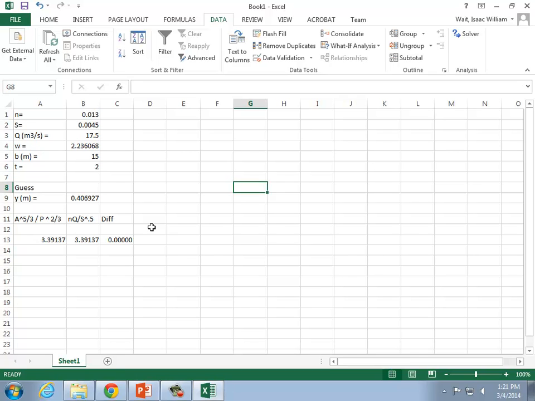So I'll get my calculator and go right along with it. 15 to 0.407 to 2.407.